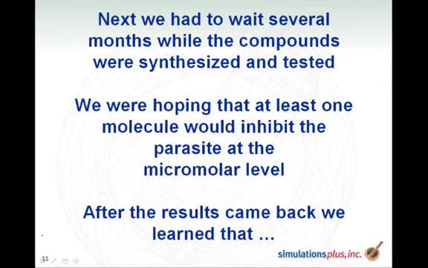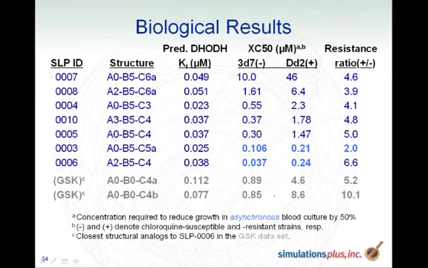So once the results came back, they ended up being very nice. We ended up with a 37 nanomolar hit compound. Excuse me. So these are the Simulations Plus IDs of the compounds. These are two somewhat close analogs of our compounds in the GSK data set.